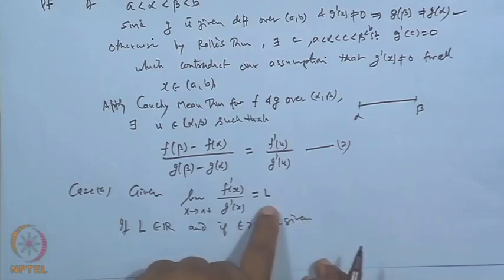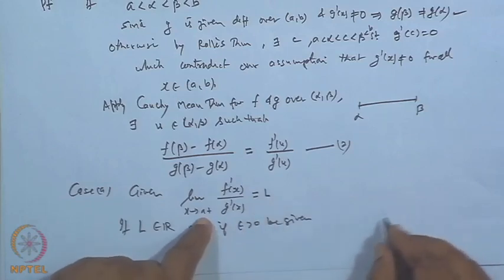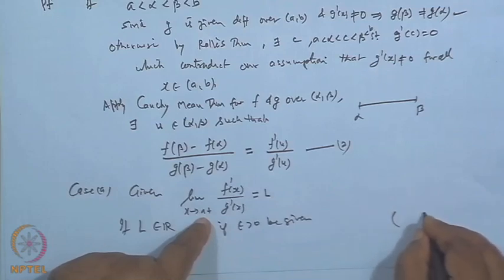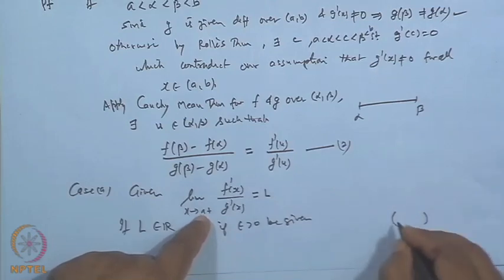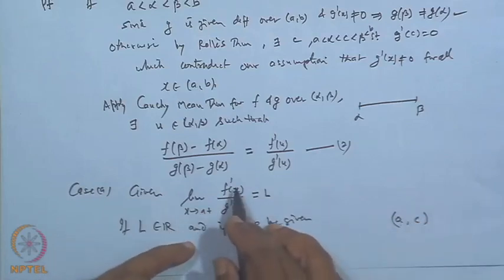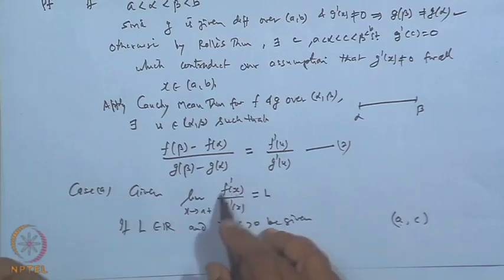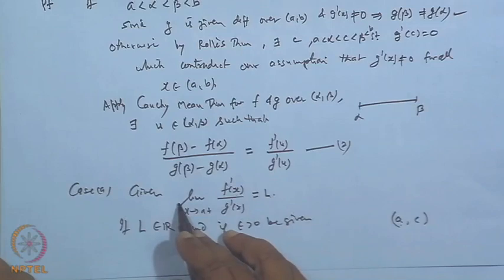Now, the limiting value of this is L. It means that when we take a point close to a, in some interval (a, c), for whatever point x in between, the difference is very small. So, this lies between L minus epsilon and L plus epsilon.